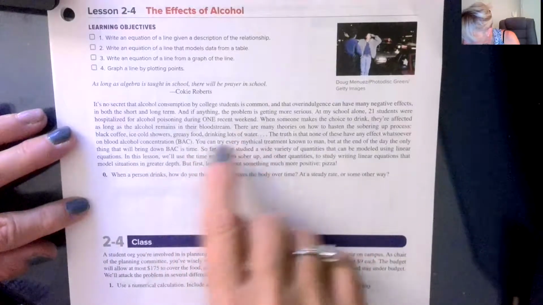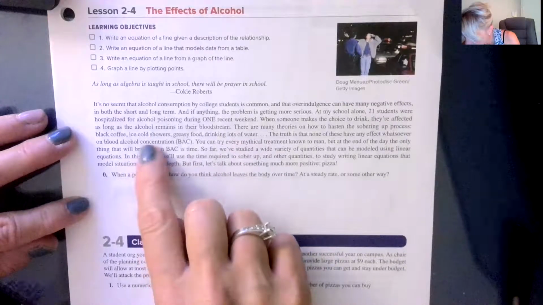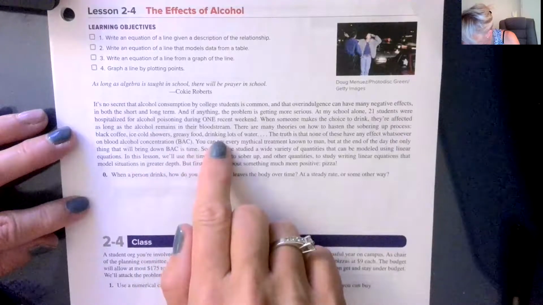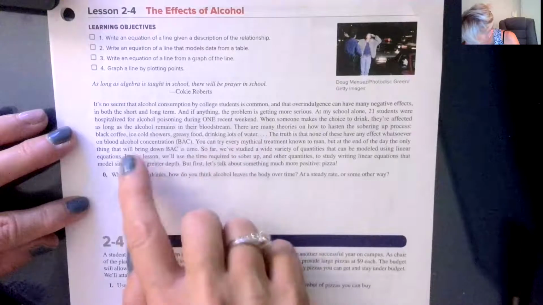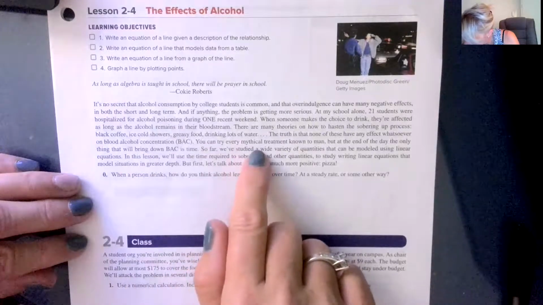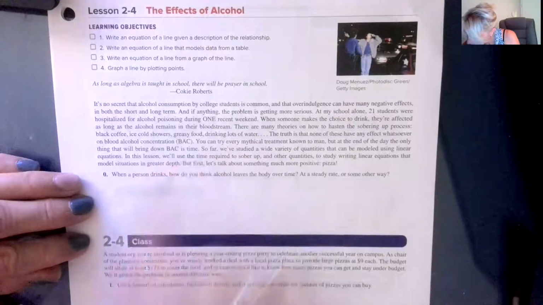There are many theories on how to hasten the sobering up process: black coffee, ice cold showers, greasy food, drinking lots of water. The truth is that none of these have any effect whatsoever on blood alcohol concentration. You can try every mythical treatment known to man, but at the end of the day, the only thing that will bring down BAC is time.